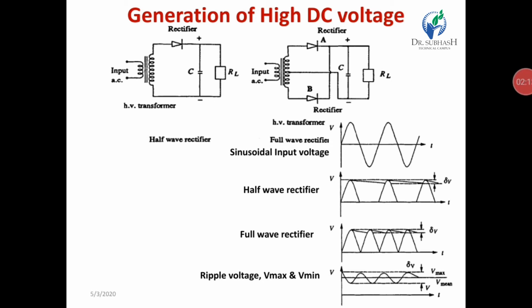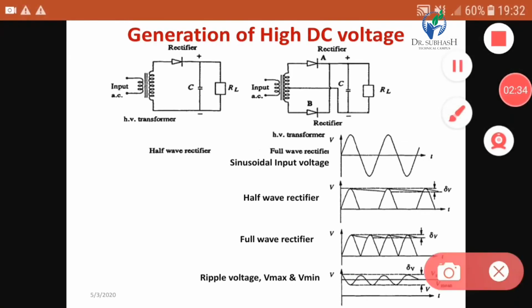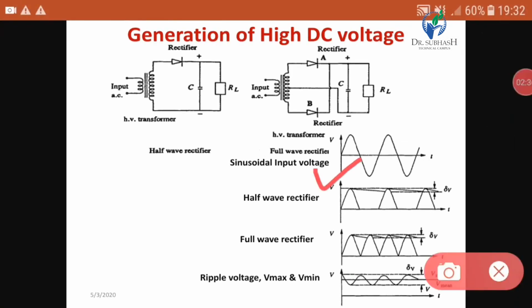During the positive half cycle the diode becomes forward biased and we get the output voltage, and during the negative half cycle the diode becomes reverse biased, so we cannot get any output. In the waveform we can see the input supply voltage and the waveform for the half wave rectifier.